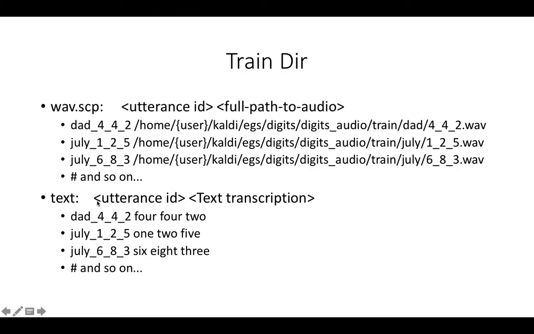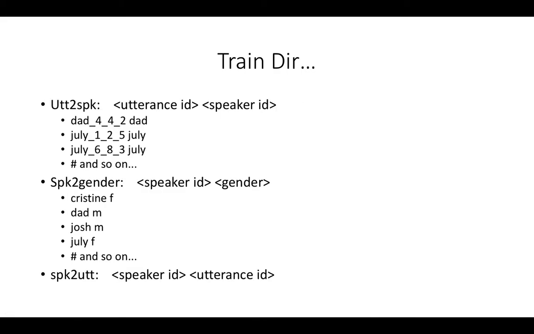So, the text file contains the utterance ID and the corresponding text transcription in the second column. Okay, so we generated two files. Next is the utt2spk file.